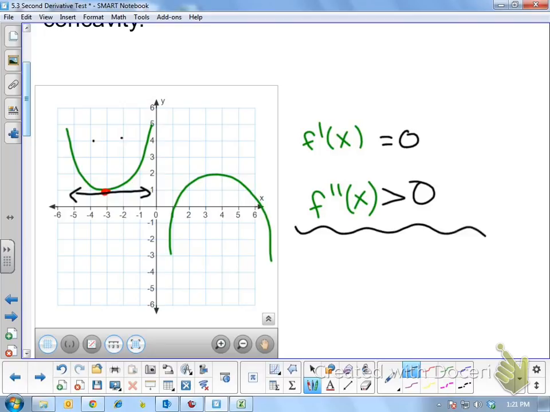What about the second one? The critical point this time is like 3.5. What do we know about f prime of x on the second one? If we have an extreme value, what do we know about our derivative at that extreme value?